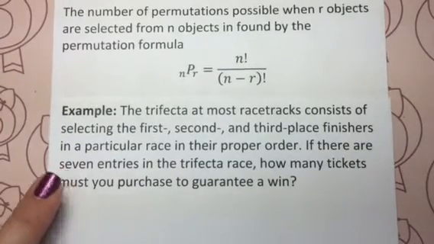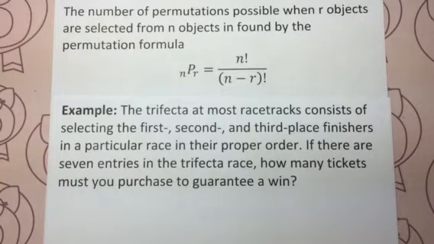Here we have 7 entries. If you want to guarantee a win, how many tickets do you have to purchase? So the question is 7 entries, select 3, and order matters because it's a race, right? In a race, it matters in what order you finish. Otherwise, it wouldn't be a race.